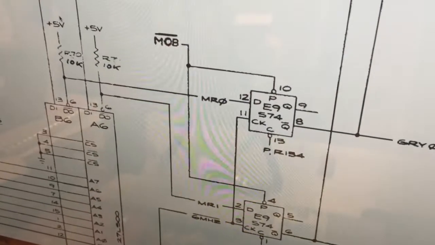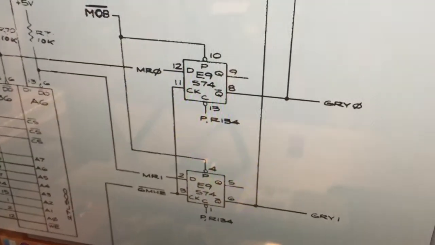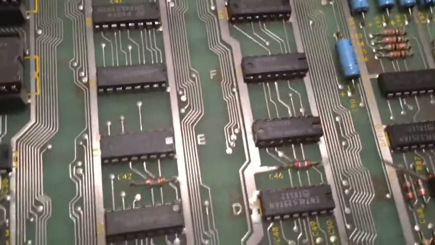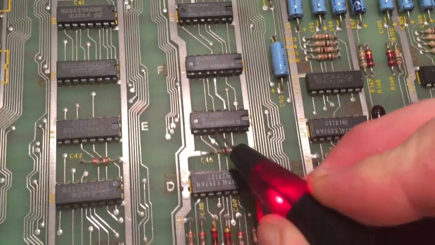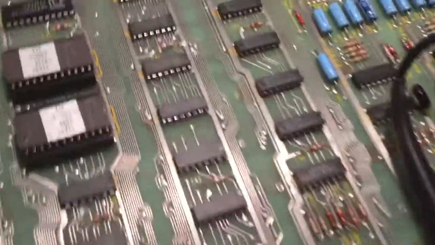We have another signal, a set signal coming in on pins 4 and 10. So this is oscillating on 4 and also on 10. So this signal isn't likely to be screwed up also.